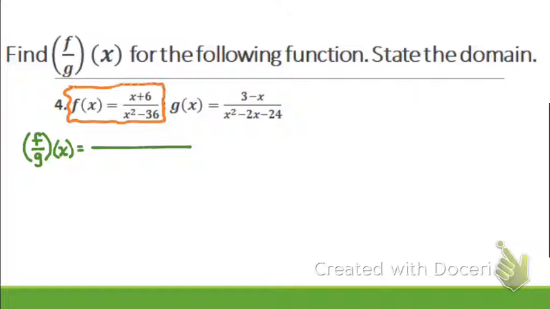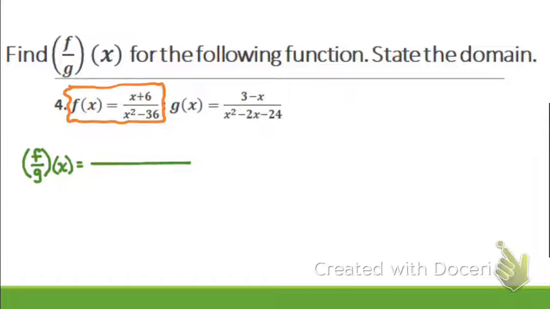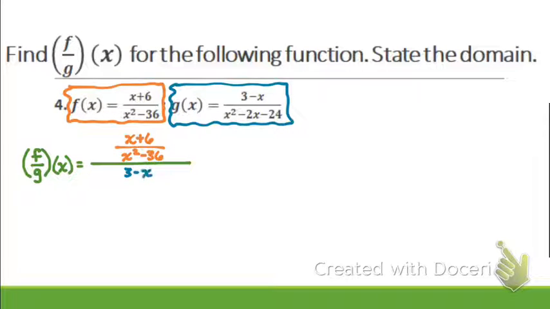So here's f of x, x plus 6 over x squared minus 36. And then down in the denominator, we're going to put our function g of x. So 3 minus x over x squared minus 2x minus 24.